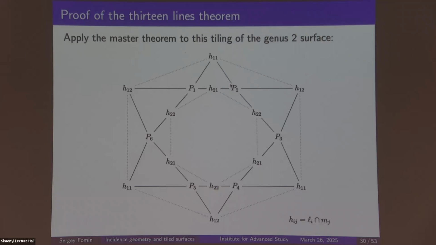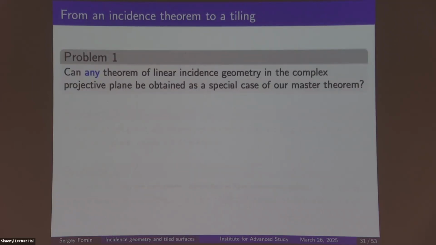Okay, so that's good. Whichever theorems we found in the textbooks, we ended up being able to find a tiling. So that's satisfactory. Of course, as I told you, we don't know if this is always possible. So that's the first open problem. Can any theorem of complex linear incidence geometry be obtained as a special case of our master theorem?